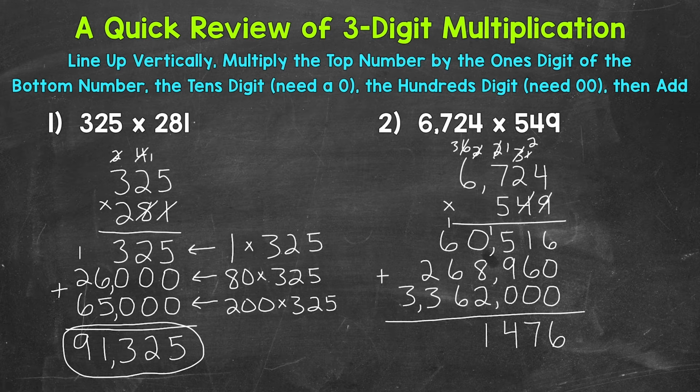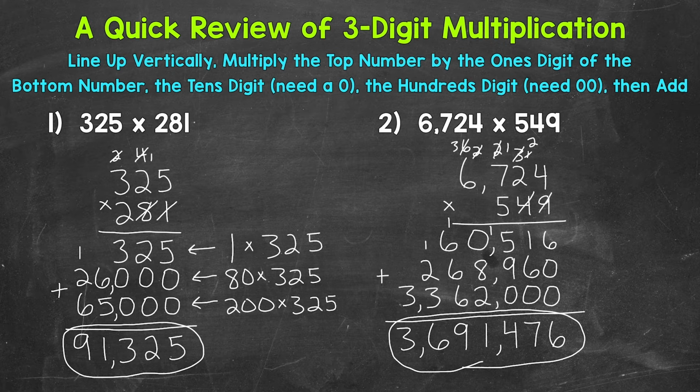Plus 6 is 19. Carry the 1. 1 plus 2 is 3. Plus 3 is 6. And then we have a 3 in the millions place. We can put a comma here and a comma here, and this is our final answer: 3,691,476. So there's how we multiply.